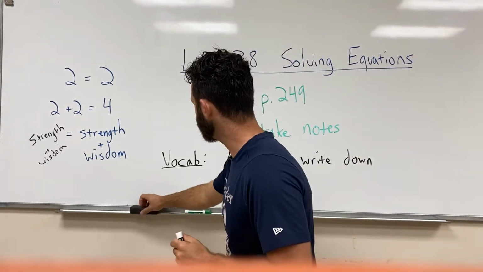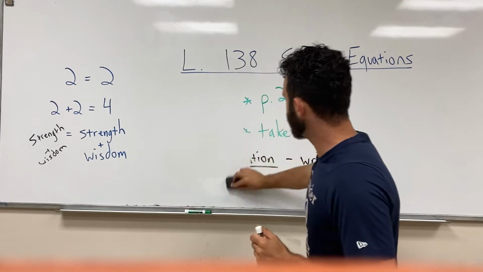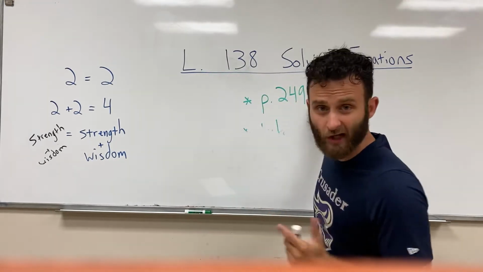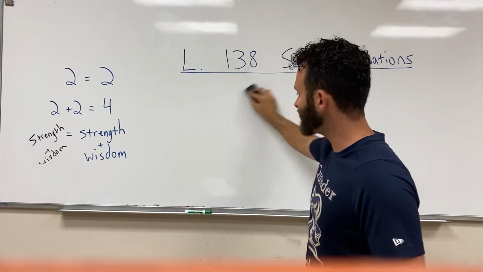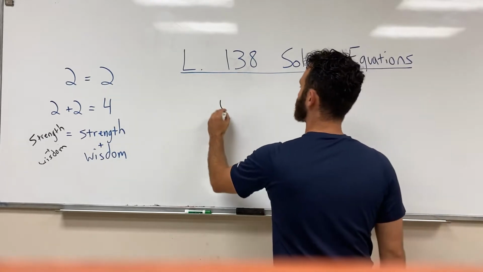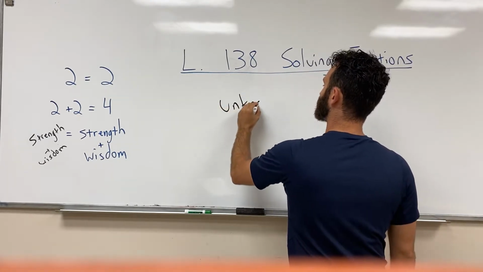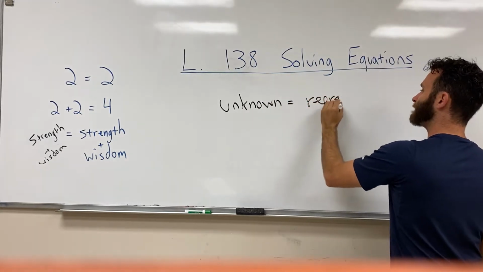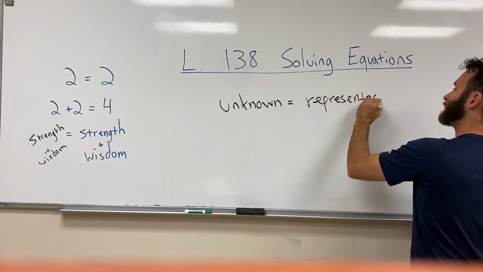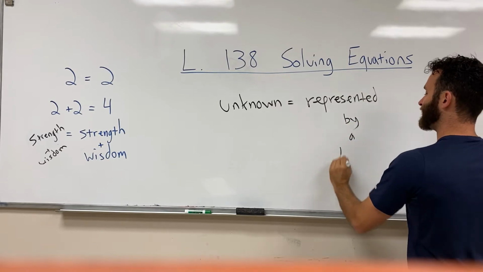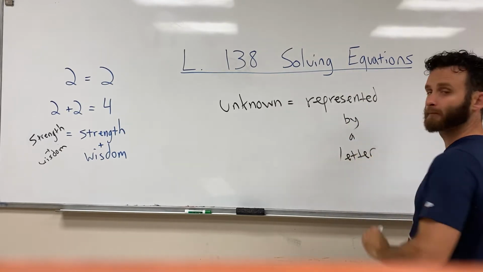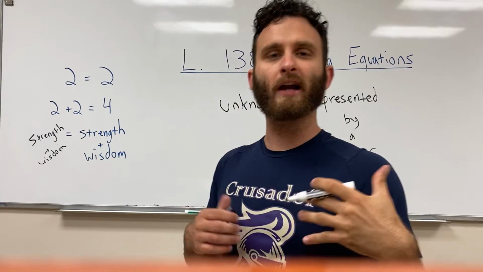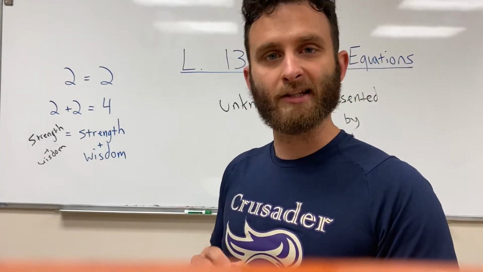And let's move on. The next part is an equation will have something that is unknown. And what is unknown will be represented by a letter. Okay, so that means we're going to try and find something out that is unknown.